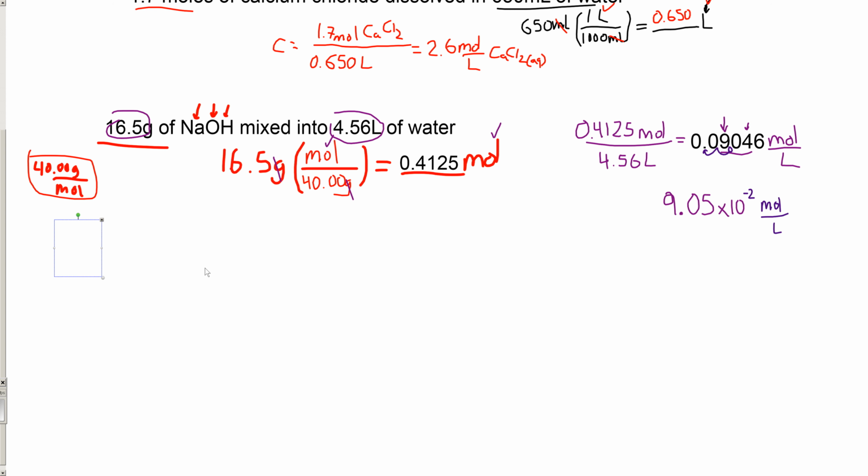Let's say I say to go measure out 36.7 grams of potassium nitrate mixed into 1.77 liters of water. So this should be trivial.